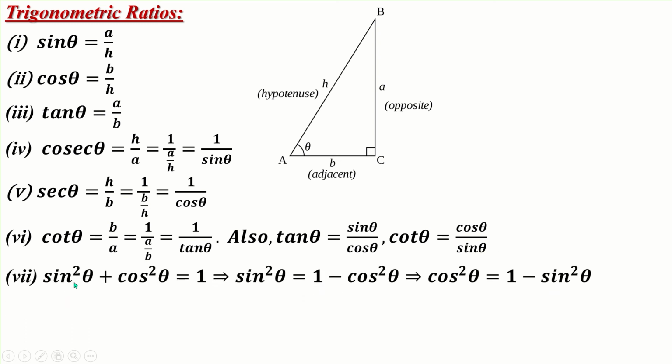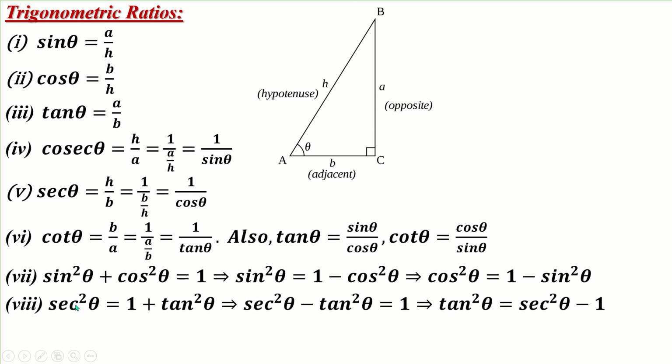And sin square theta plus cos square theta equals 1. From here we can write sin square theta as 1 minus cos square theta, or cos square theta as 1 minus sin square theta. Sec square theta equals 1 plus tan square theta, or sec square theta minus tan square theta equals 1, or tan square theta equals sec square theta minus 1.